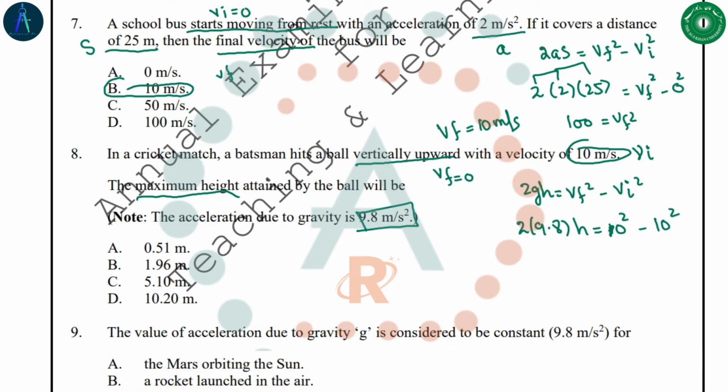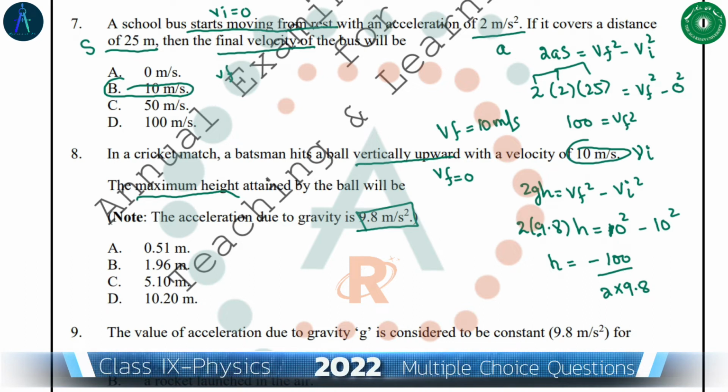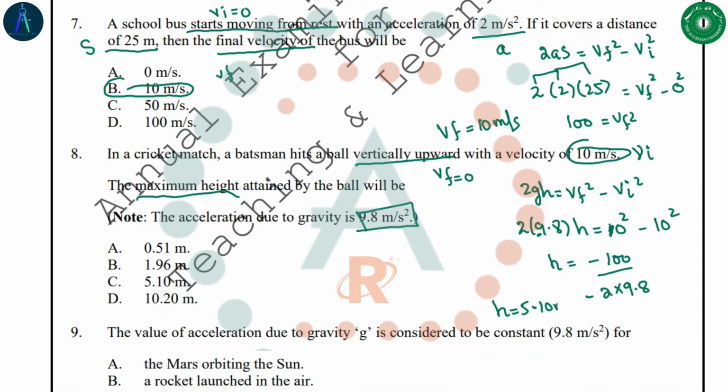If a body is moving upward, its gravity becomes negative. So h will be equal to minus 100 divided by 2 into 9.8. After dividing this, we will get height equal to 5.10 meters. So for question number 8, the correct answer is option C.